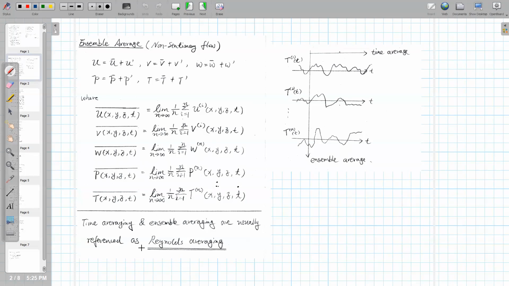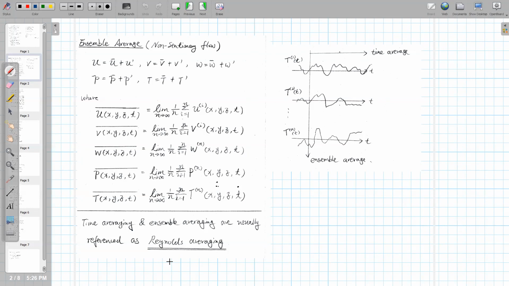The reason is that Reynolds first developed this theory that the instantaneous quantity can be divided into two parts. So that's why we call these two averaging techniques the Reynolds average. This is the first thing we need to know for turbulence.